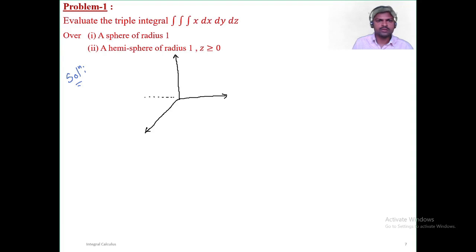So this is the x-axis and this is the y-axis. Okay, and this is the z-axis.